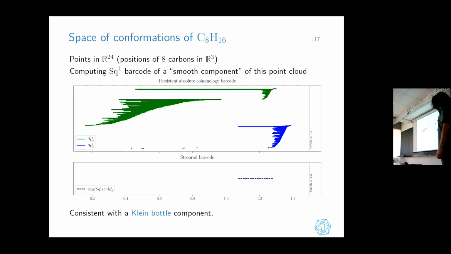And it was proposed that a certain part of this point cloud concentrates along a Klein bottle. And we offer more evidence for that guess by showing that the persistent absolute cohomology barcode, as was already computed, has 2 one-dimensional features and a two-dimensional feature.